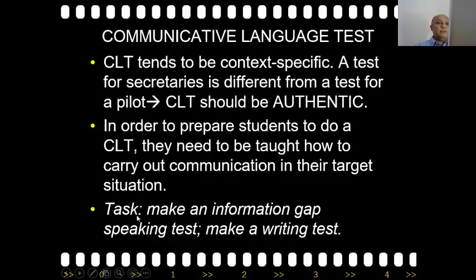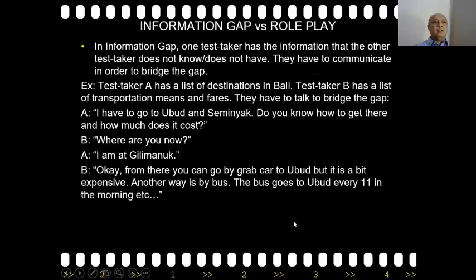You are going to do the task later. You have to make an information gap speaking test or make a writing test. Now, what is information gap? Information gap is a situation in which the test taker has information that the other test taker does not know or does not have. That's called information gap.